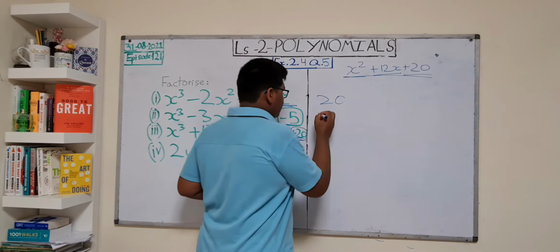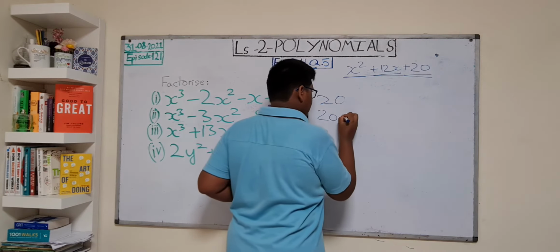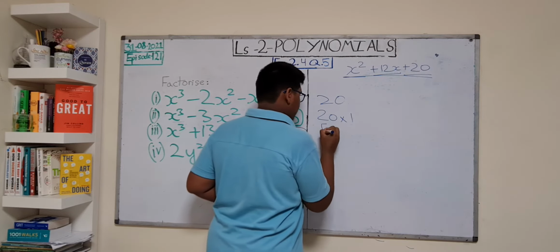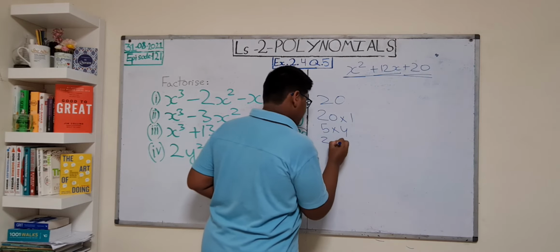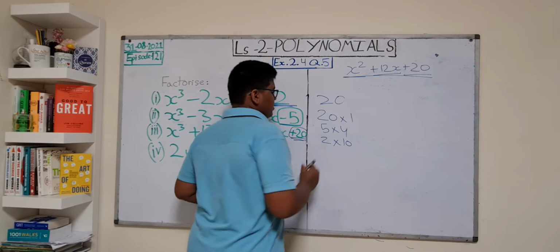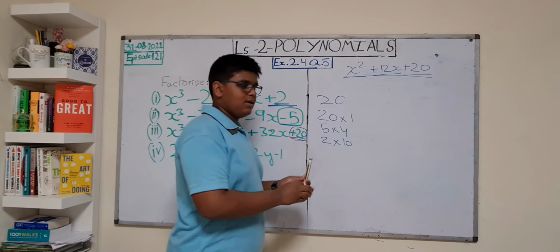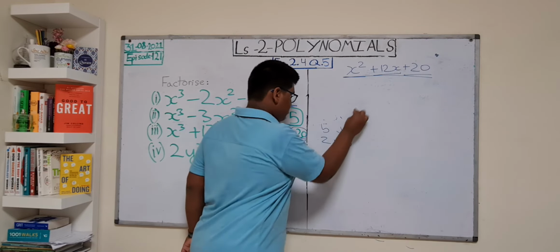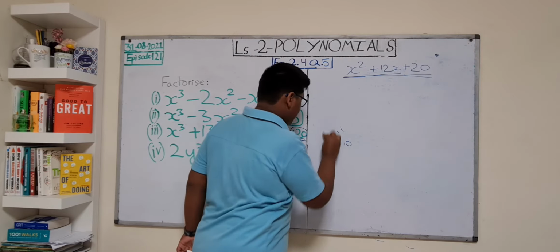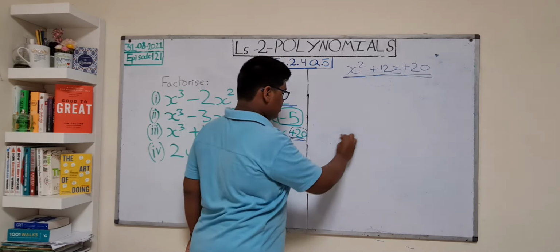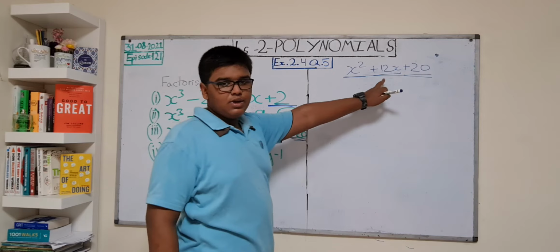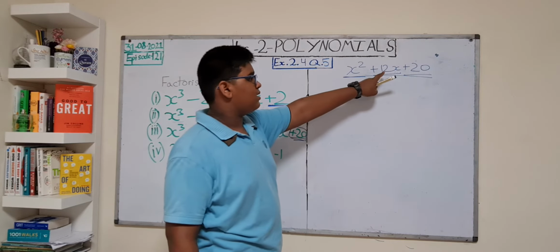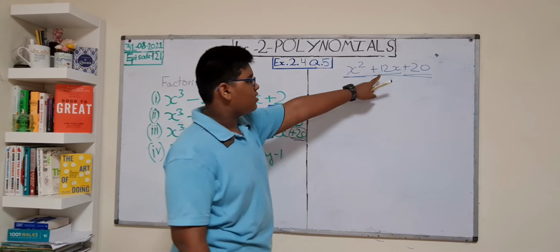So what are the factors of 20? 20 into 1, then 5 into 4, then 2 into 10, right? All of these are factors of 20. Now we have to take such factors that if we add them, we should get 12.